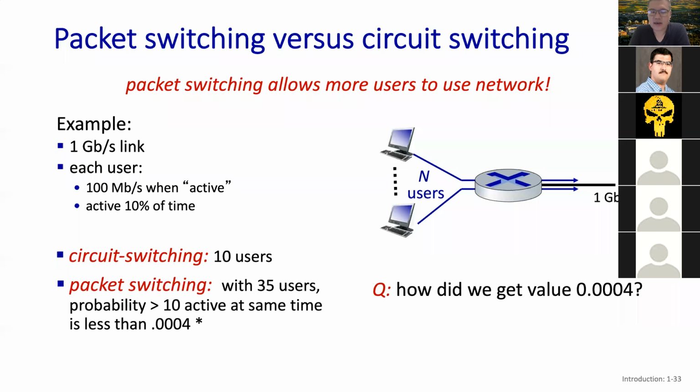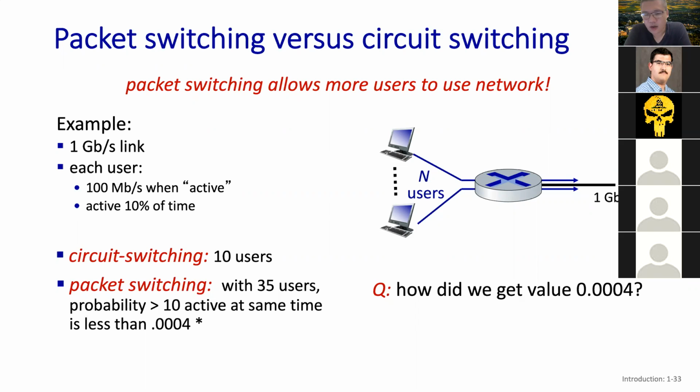But what about packet switching? For packet switching, we can have about 35 users be active at the same time, and the probability of having more than 10 active users is only about 0.04%.